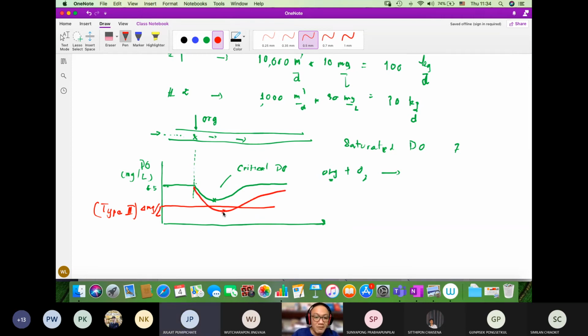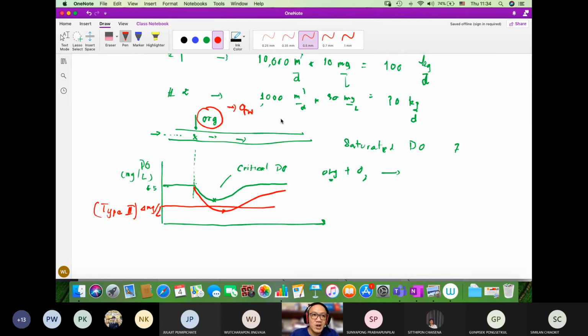If it goes below 4 milligrams per liter, that means it could affect the quality of water. So in that case, this industry has to pay more attention to the wastewater discharge. They can do it in two ways. The first way is to minimize the flow rate.